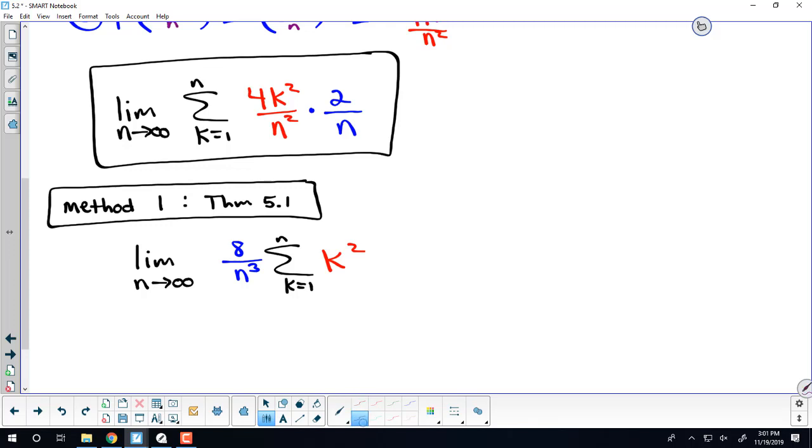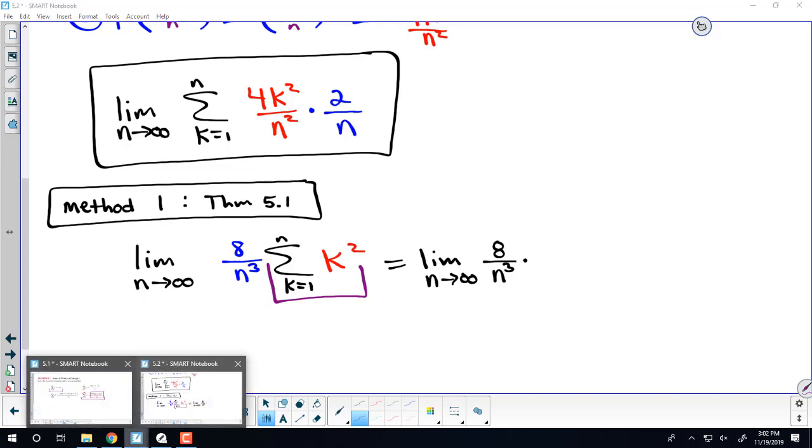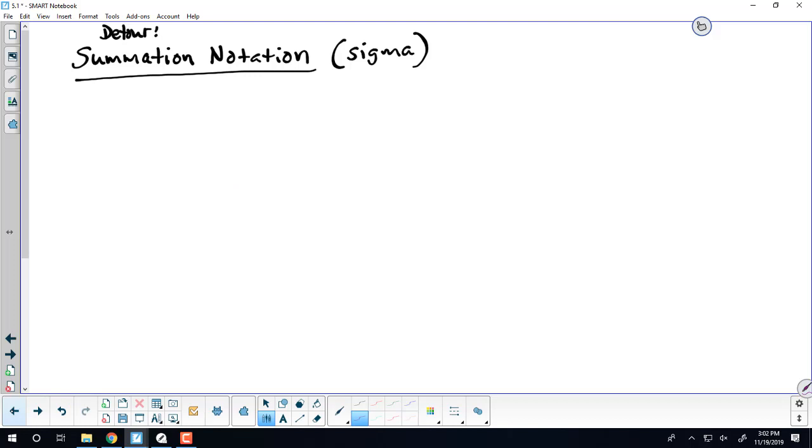So then all we're going to do is address what this summation is. Theorem 5.1 tells us that the sum of k squared up to n is going to be what? Here, let's go back. Oops, there we are.